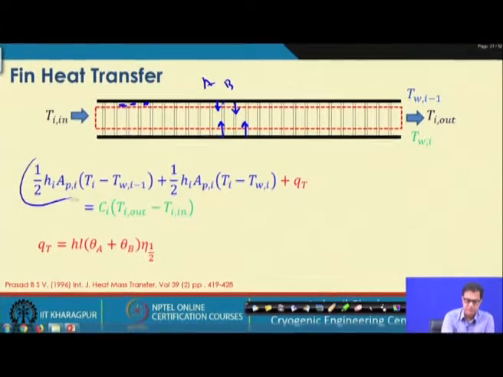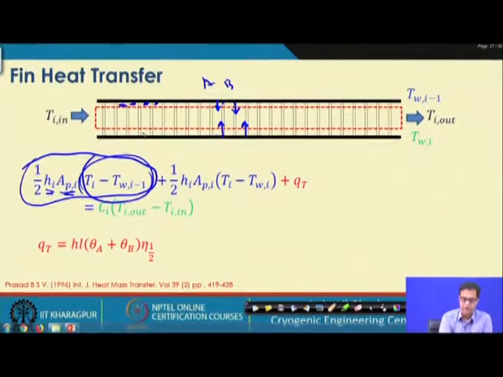This is the contribution from the primary heat transfer surface area of the ith plate, h_i A_primary,i, and this is the difference in temperature.